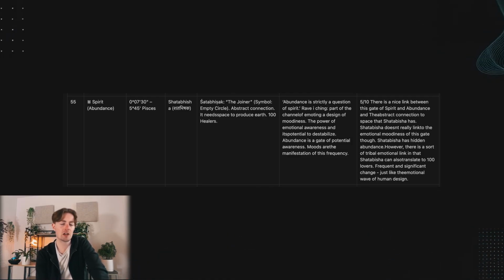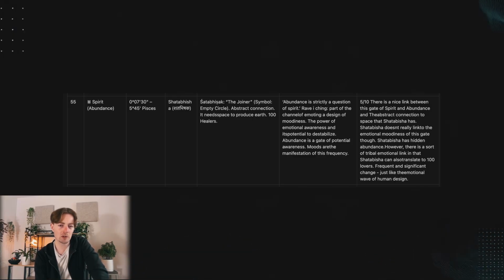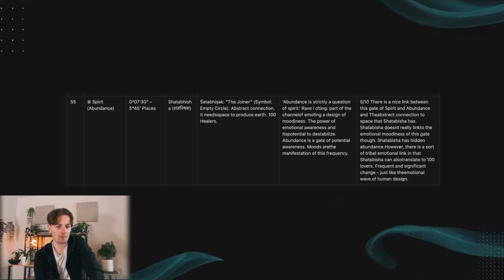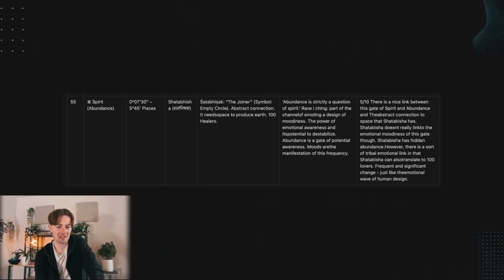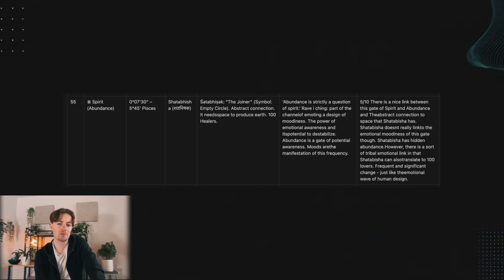There is a loose emotional link, and I think this being an emotional human design gate, an emotional I Ching hexagram, does well sitting in Pisces, an emotional water sign. But does it connect to this more surgical 100 healers nakshatra? I don't really think so.